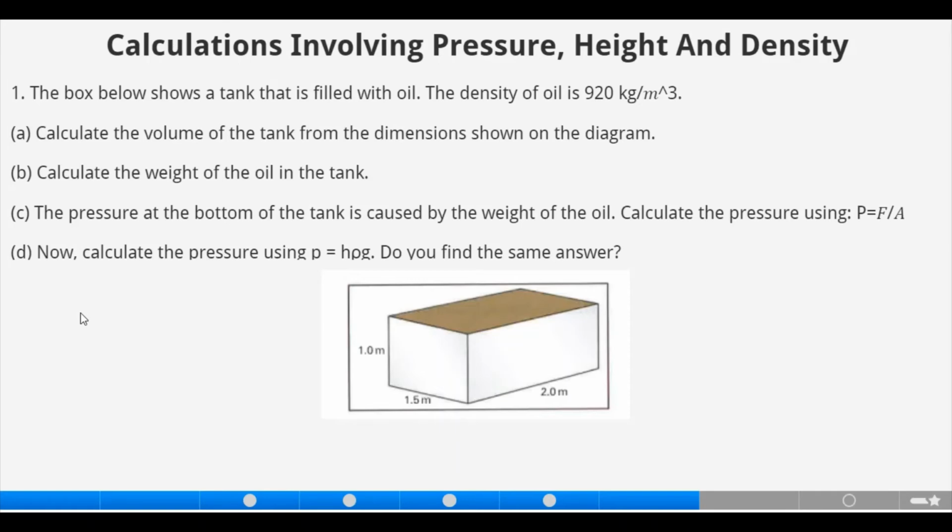B, we have to calculate the weight of the oil in the tank. And C, the pressure at the bottom of the tank is caused by the weight of the oil. So calculate the pressure using P is equal to F over A. Again, for D, you have to calculate the pressure using P is equal to H rho G. Do you find the same answer?